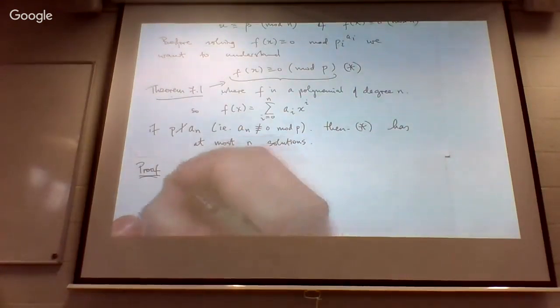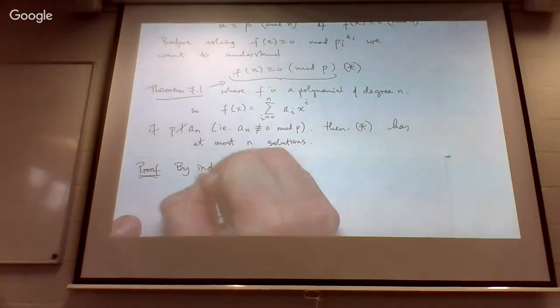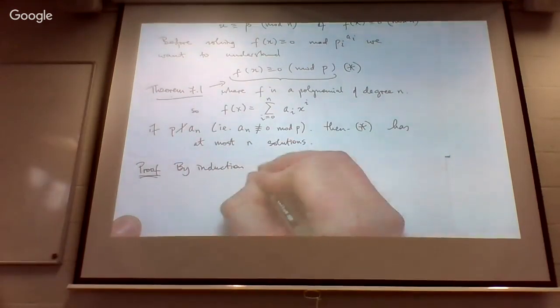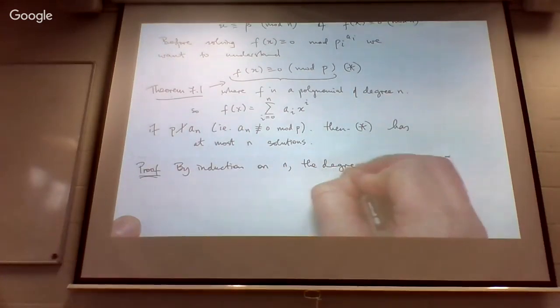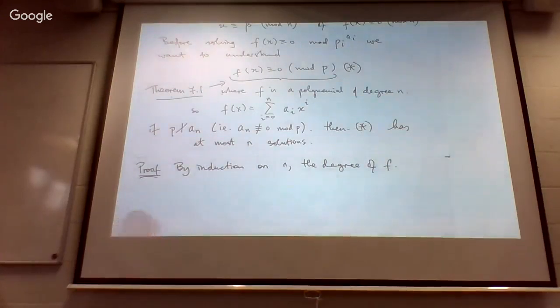We're going to prove it by induction on n, the degree of f. And inside the proof by induction, when we're doing the main induction step, there's a really nice proof by contradiction. So it's a nice substantial proof in that you see a fair number of techniques at play and interact.